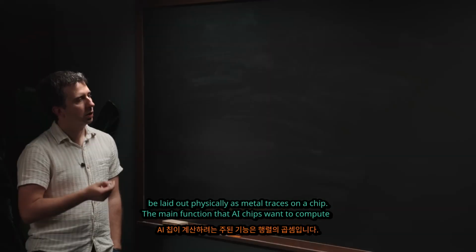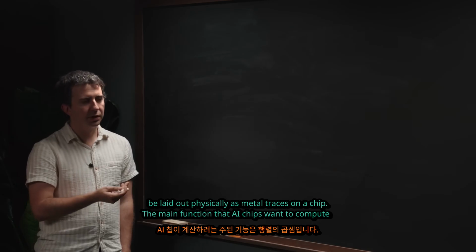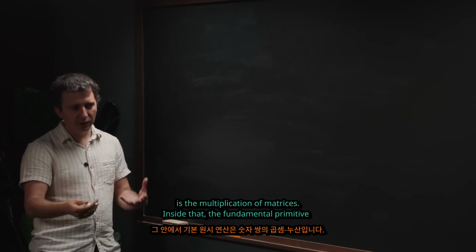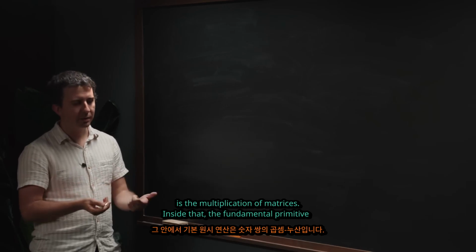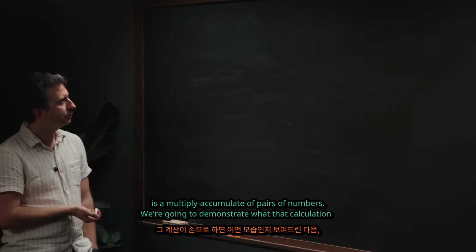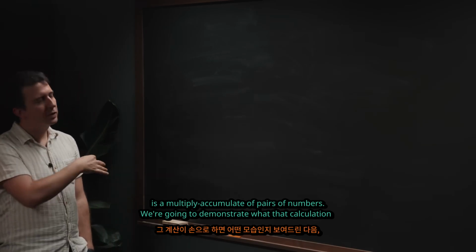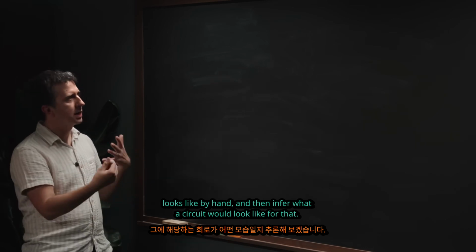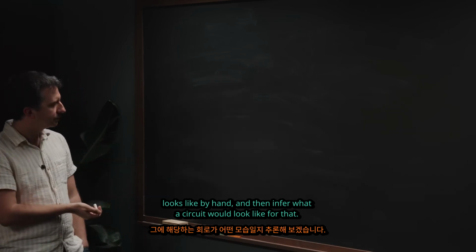The main function that AI chips want to compute is multiplication of matrices, and really the fundamental primitive inside that is multiply accumulate of pairs of numbers. So we're going to demonstrate what that calculation looks like by hand, and then infer what a circuit would look like for that.